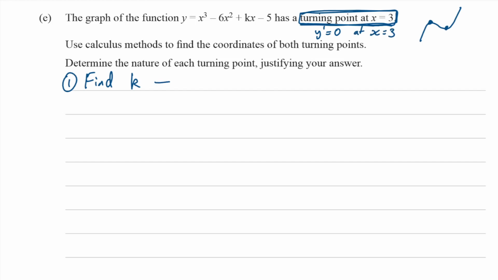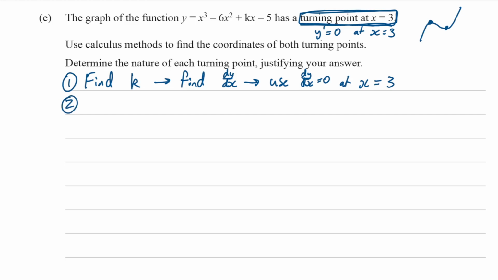So to find k, we need to find the derivative, dy by dx, and then use this information that the derivative is 0 when x equals 3. Yep. So in doing so, we would have an equation with the only unknown being k. So then we get k.